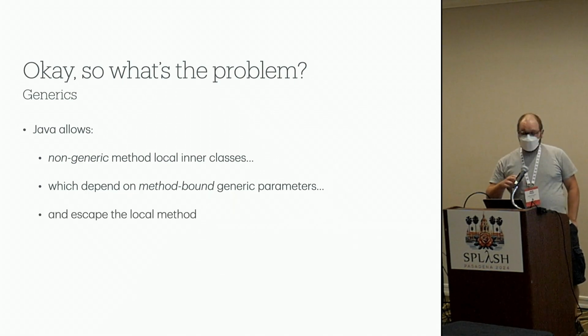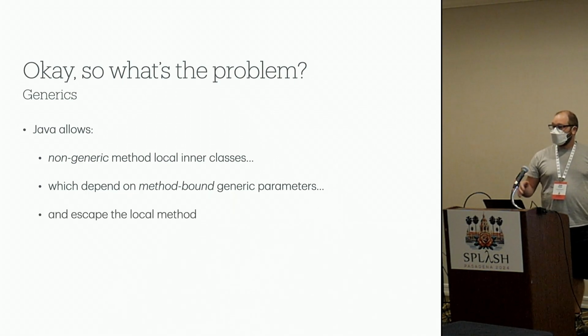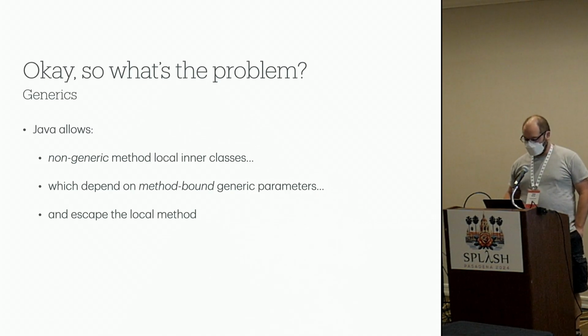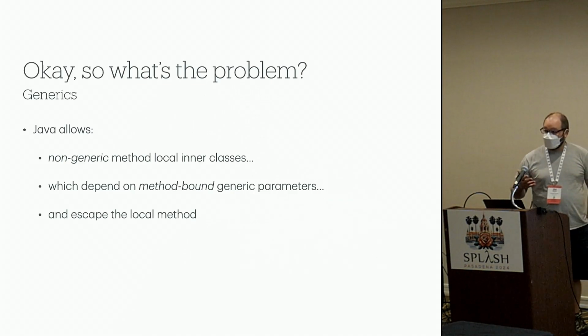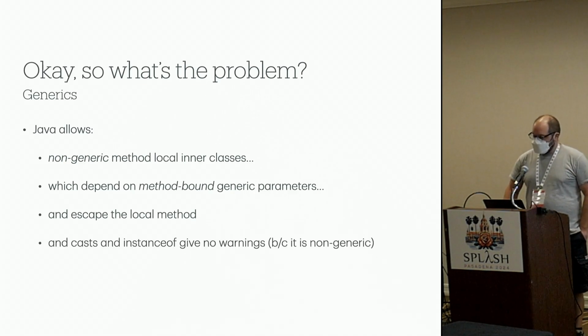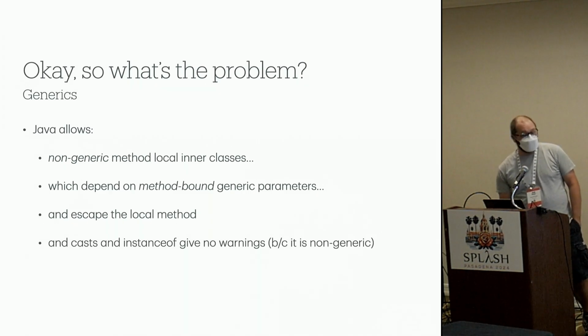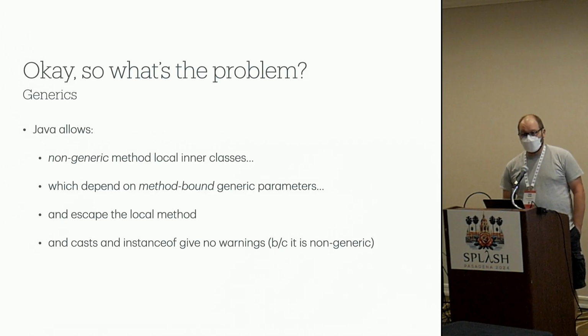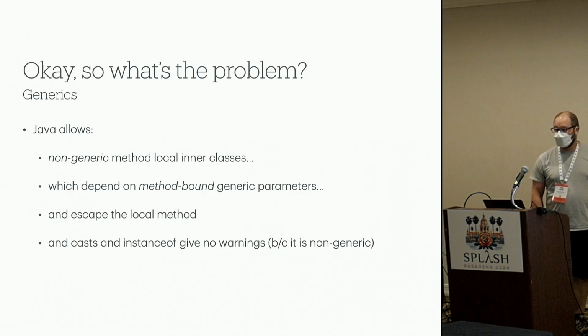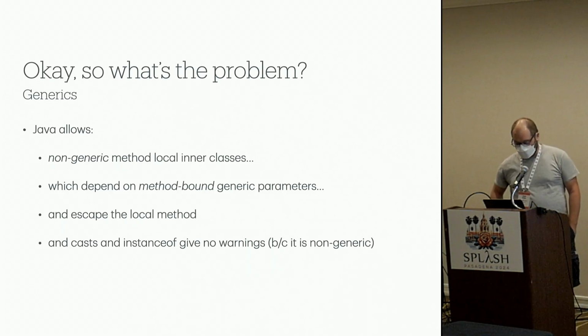Once these objects escape the local method, they are no longer, it turns out, tied to the particular choice of method generic parameter that they were created under. And because it's non-generic, the Java compiler doesn't give any warnings about casts or instanceof checks with that method local inner type.